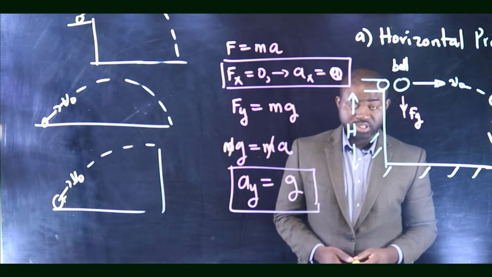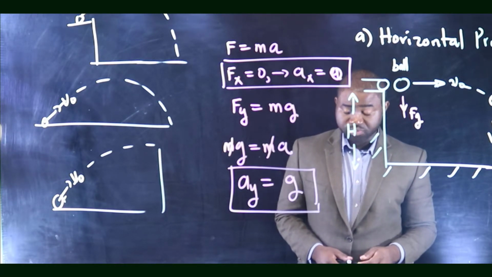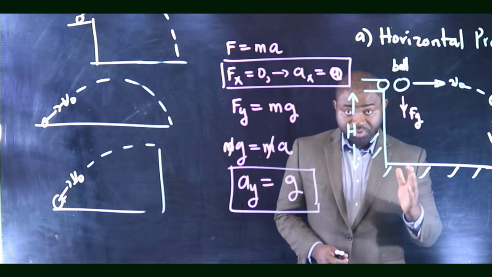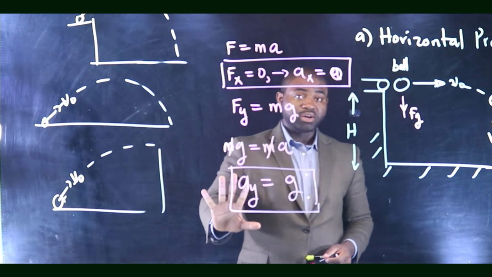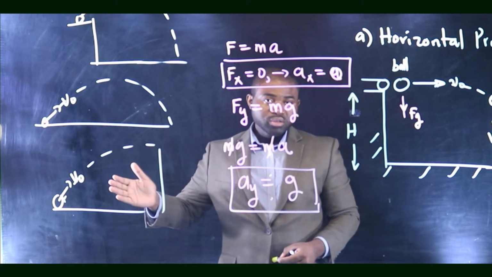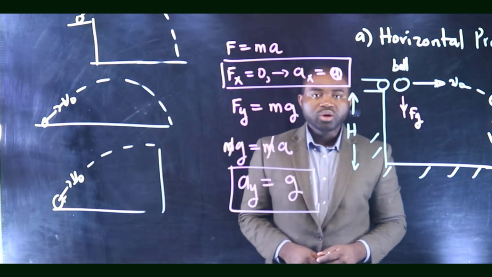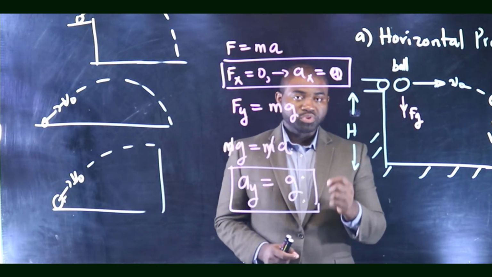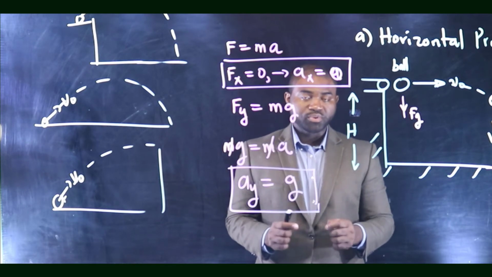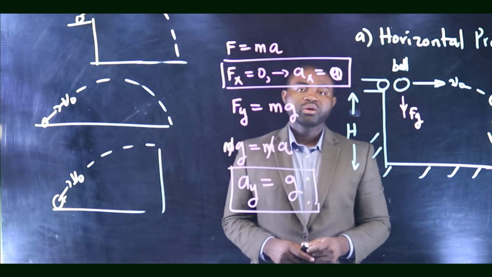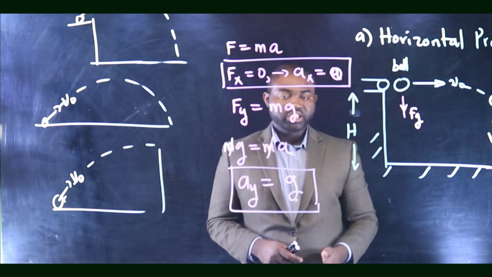I love physics and I love to teach, and it is my pleasure to bring you this lesson. But keep in mind, fellas, that you should remember this throughout the lessons. Because the motion of a projectile is only under the influence of gravity, which acts vertically downwards.